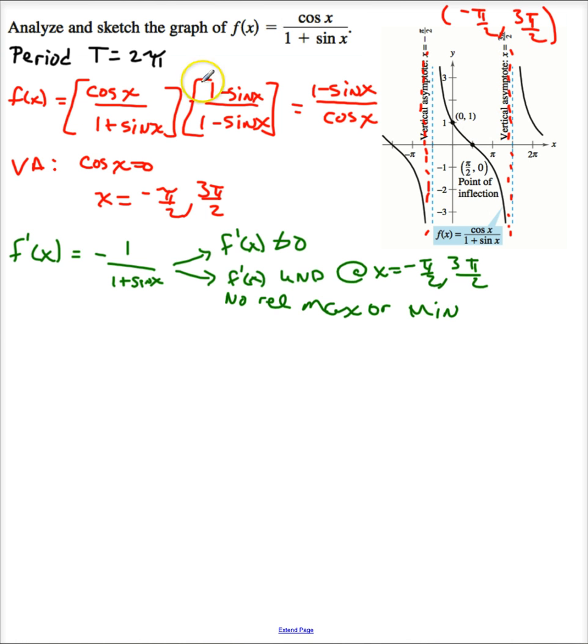Now let's move on to the second derivative. The second derivative of x is cosine of x divided by 1 plus sine x squared. Now, what does this tell me? What are my possible inflection points?